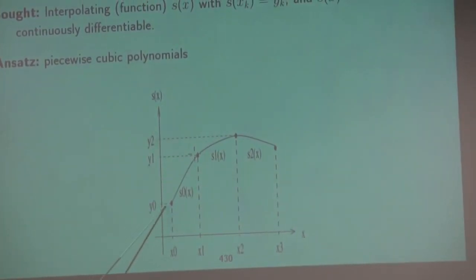What about the end points? It doesn't make sense to talk about what's on the left of this point. And also, it's not a requirement for the regions between the points. Why not? Because we have cubic polynomials, and any polynomial is infinitely often continuously differentiable. So the only critical points are the inner points.